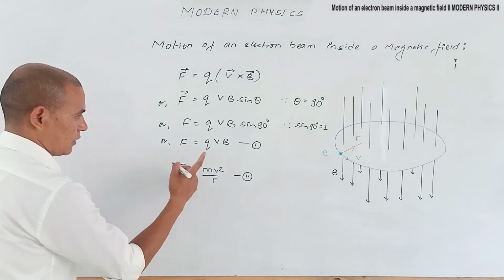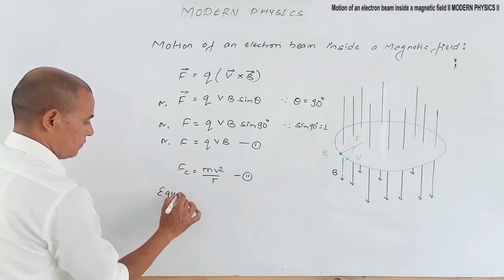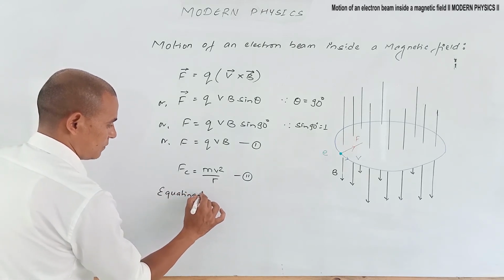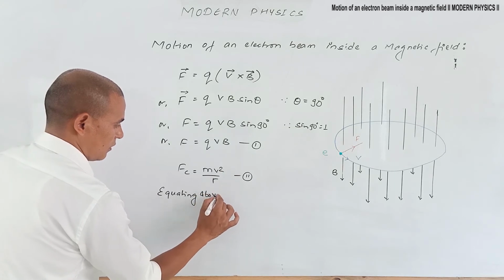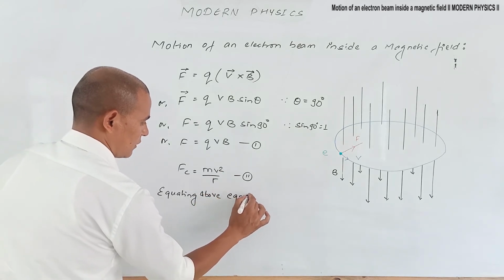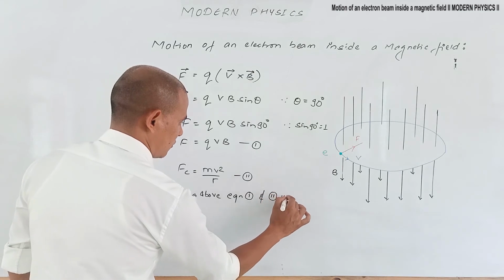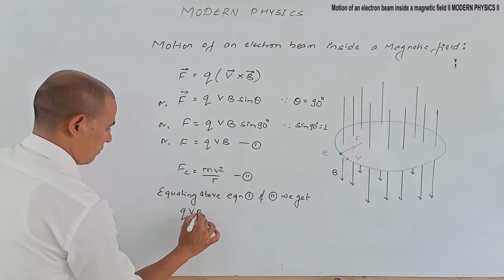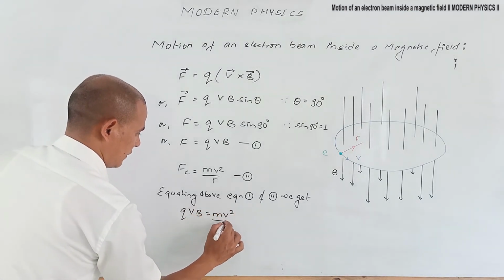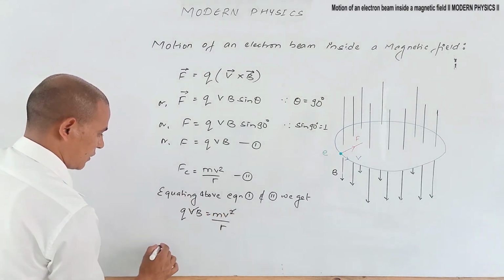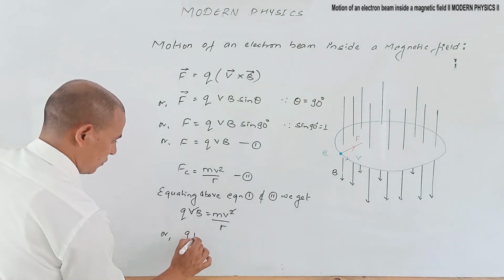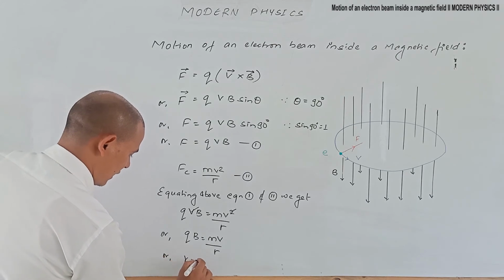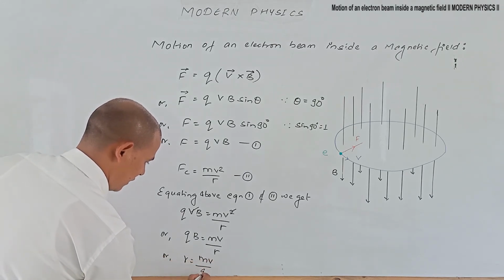Now equating the two forces, equation 1 and 2, we get q v B equals m v square by r. The velocity gets cancelled, q B equals m v by r, or r equals m v by q B.